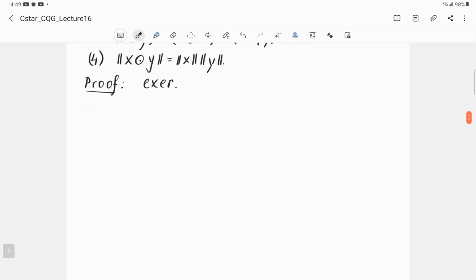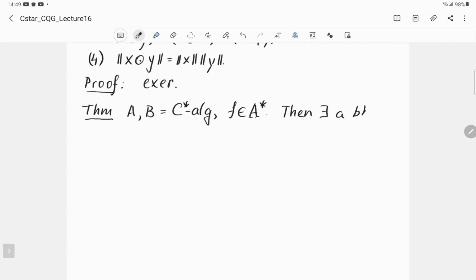Okay, now we have the following theorem. Suppose that we have two C-star algebras, A and B, and suppose that f is a bounded linear functional on A. I claim that there exists a bounded linear operator denoted like this, f tensor 1, which takes the spatial C-star tensor product of A and B to B. And this operator is uniquely determined by the following formula.